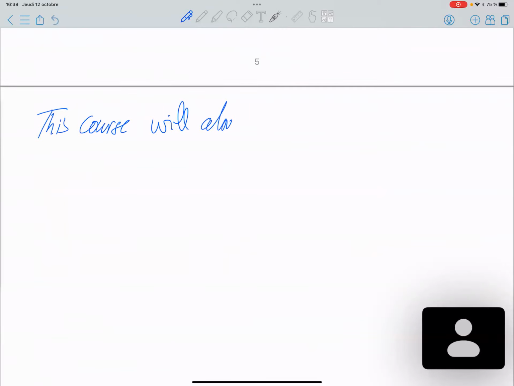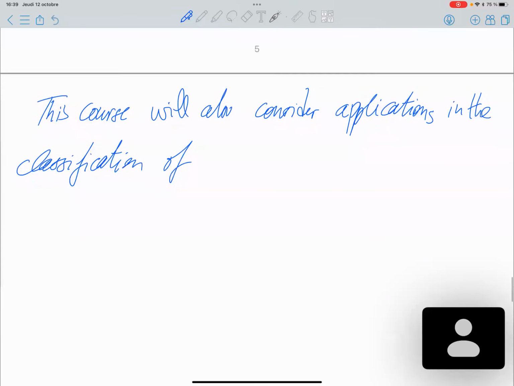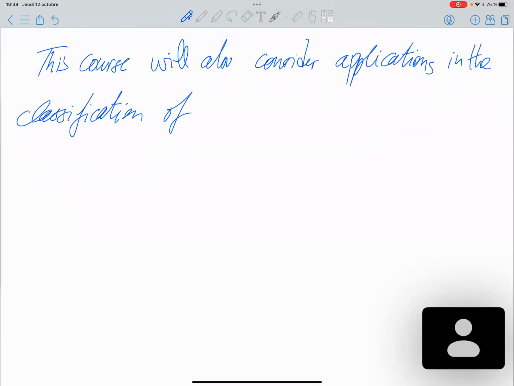So this course will also consider application in the classification of three kinds of fusion category.